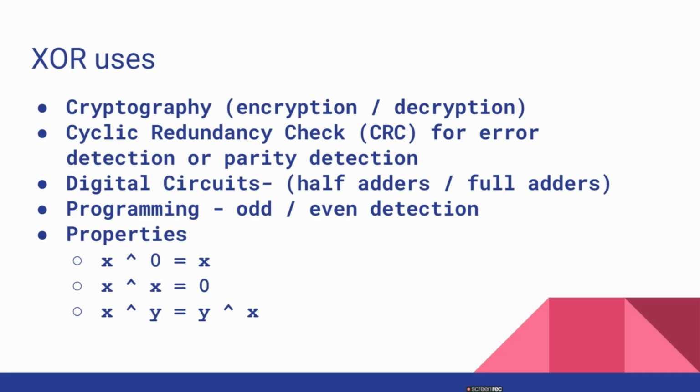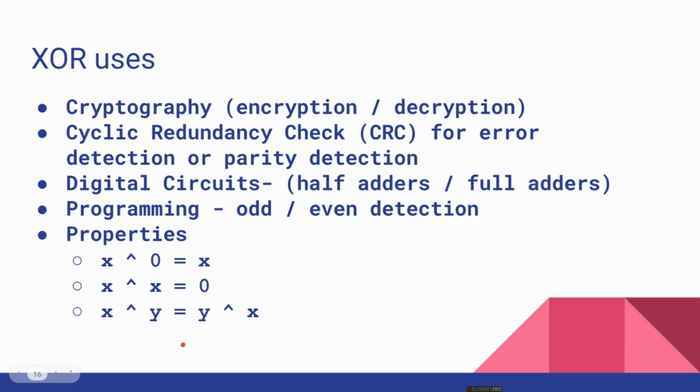And sometimes when compiling some code, in terms of optimization, the compiler may be able to replace the subtraction instruction with the XOR, but that is not guaranteed. That's going to be up to the compiler. Last but not least, another property here is that given two values x and y, XORing them is commutative, meaning it's the same thing as y XOR x, so the order of swapping does not matter.